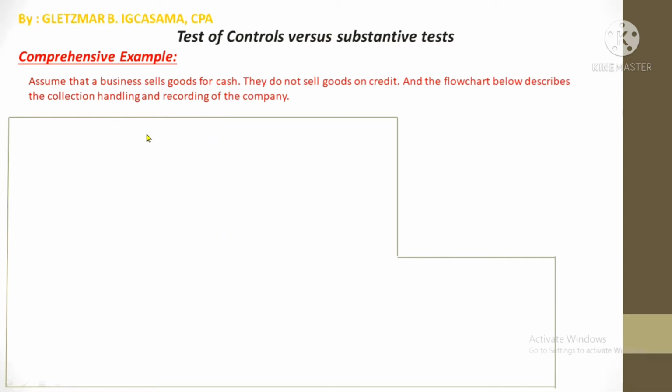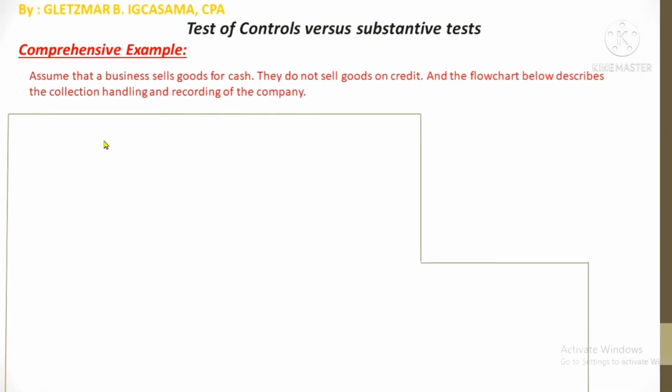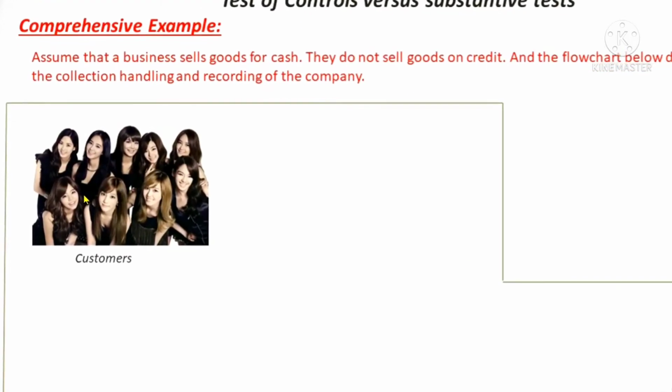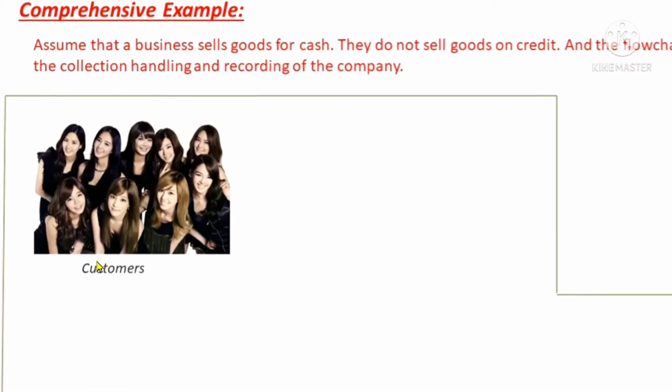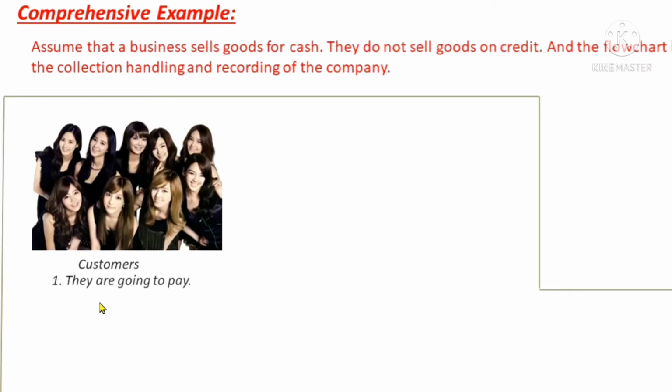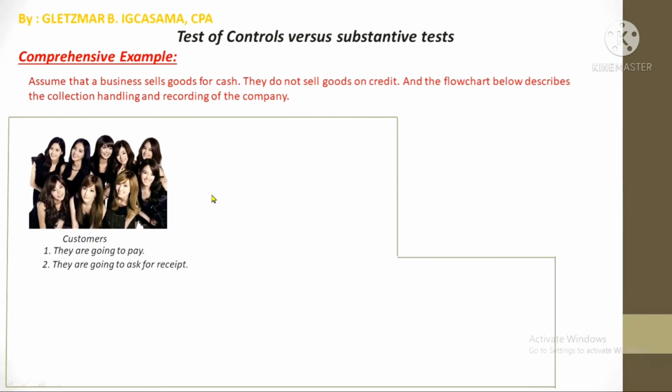So let's take it step by step. So here is the flow. First, we have the customers. Now, these customers, after you have given them services or goods, of course, they are to pay cash. And they normally ask for an official receipt or sales invoice. So that's it for the customers.